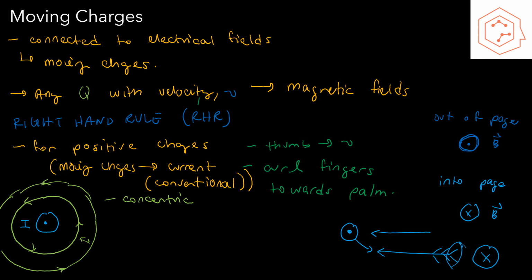Of course, if I have a current going into the page, represented by an X, I can point my thumb into the page or away from me, and my fingers are going to curl in the opposite direction, or towards the right, or in a clockwise motion, like so.